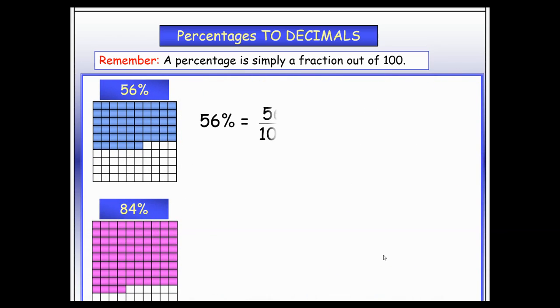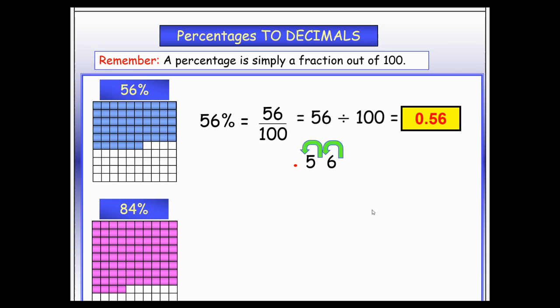56% is the same idea. So 56% means per 100, so divide by 100. Start at the right-hand side of the number, move in 1, 2 positions, and then you will see the jump to 0.56.